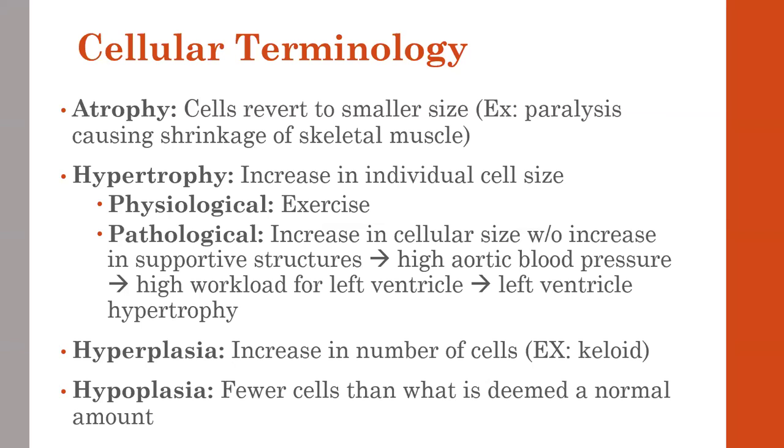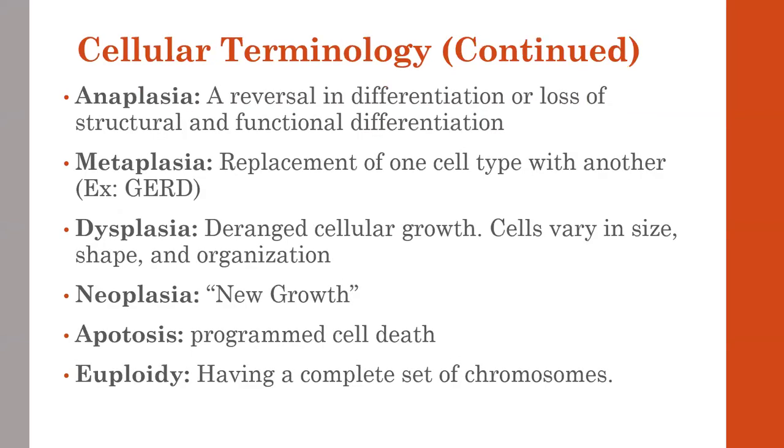For example, if you have scar tissue and you have what's called keloids, you make too many cells to try to repair the number of cells that were destroyed. Hypoplasia is fewer cells than what is normal for a given area.